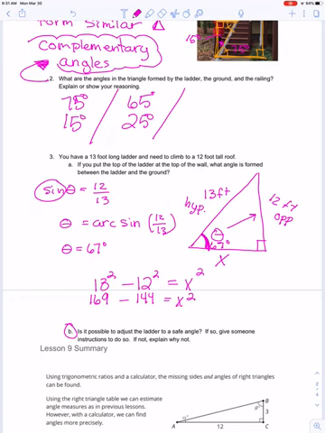So subtract these two, and we get 25. Square root both sides. We get a nice pretty number this time. So we know that we have to be 5 feet from that wall. As long as we're 5 feet from this wall, then having a 12-foot roof with a 13-foot ladder is going to give us our safest distance.